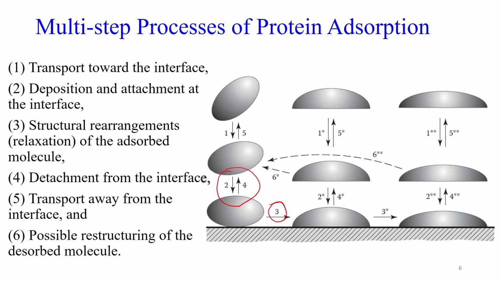Then there can be more relaxation with time, depending on the affinity or the surface-protein interaction, and then these adapted or rearranged protein molecules can also detach from the interface, and after detaching they can go back into the bulk or come back to the main adsorption process. So, these are the multi-step processes involved during the adsorption of a protein.